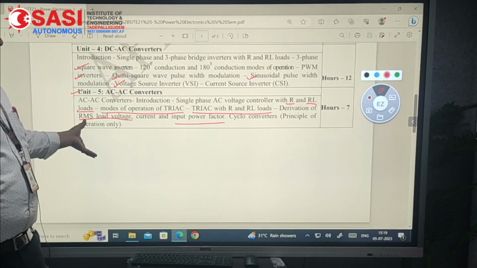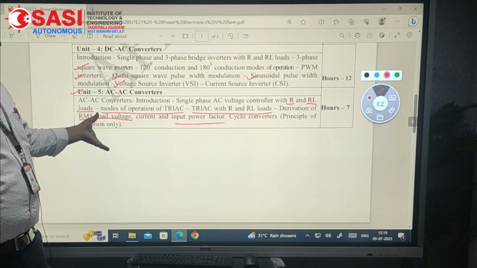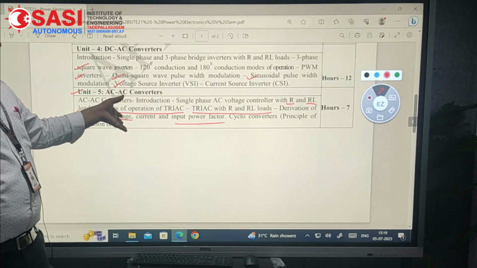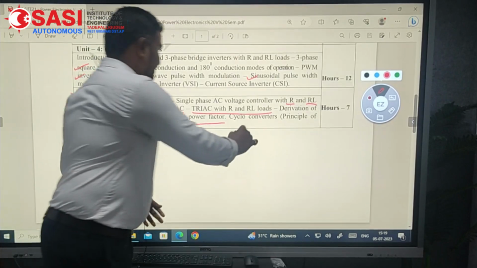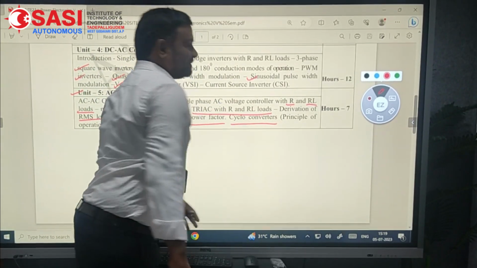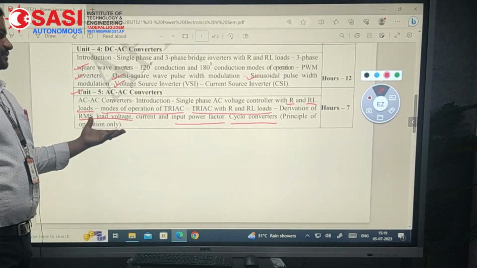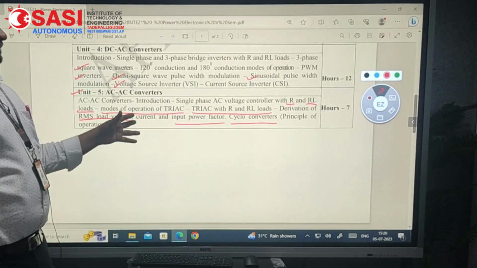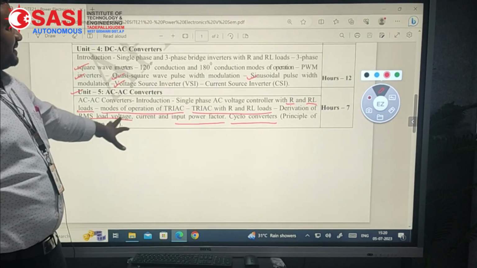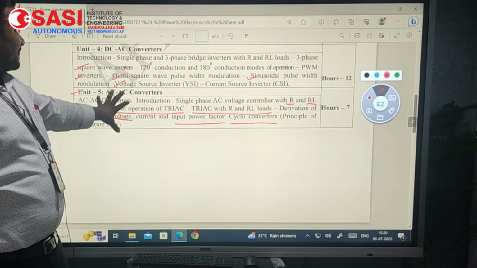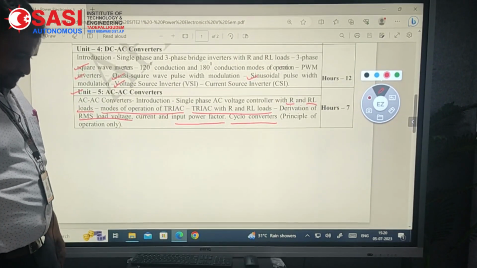And at the end of the fifth module, AC to AC converters, one more is cycloconverters, where we can change the frequency of the AC. So that means fixed to variable frequency converter operation can be analyzed in this module.